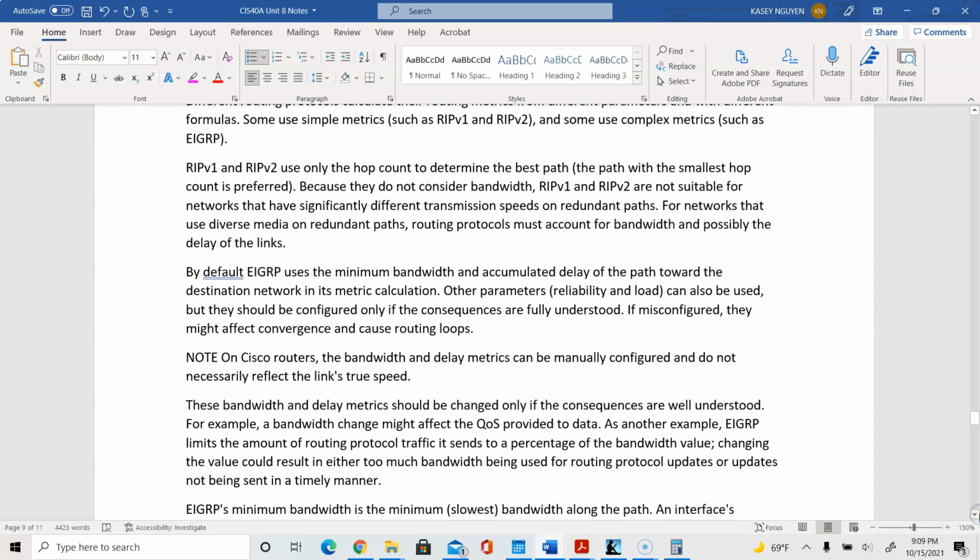So by default, EIGRP uses a minimum bandwidth, and it accumulates the delay in the path for the destination network using the metric, which stores the cost information for that path.